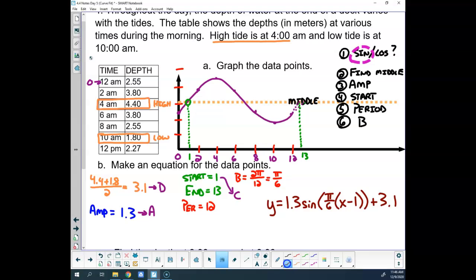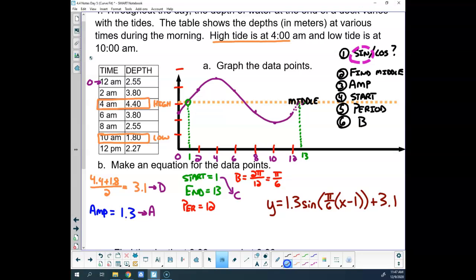Because my start was at 1. Because that's where my graph, if I draw in my curve, that's where my curve crosses the midline. Okay? It's not always going to be at time 0. Okay? Agreed? Yeah? Okay. And that's our function.